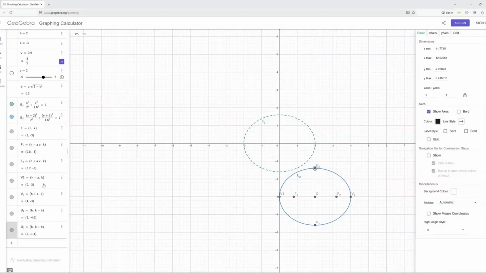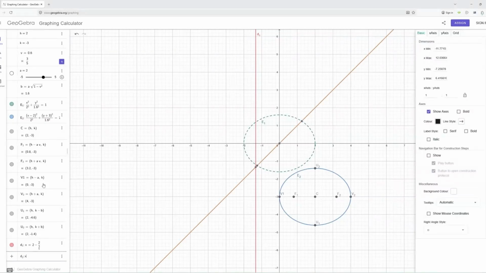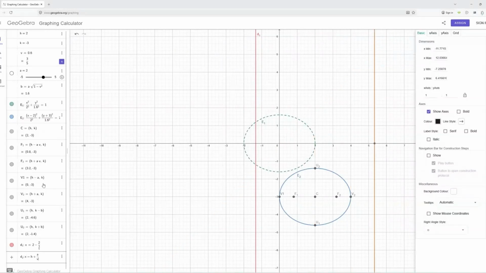And finally, for the directrices, one of those occurs at the line x is equal to h minus a divided by the eccentricity, and a second directrix occurs at the line x is equal to h plus a divided by the eccentricity.